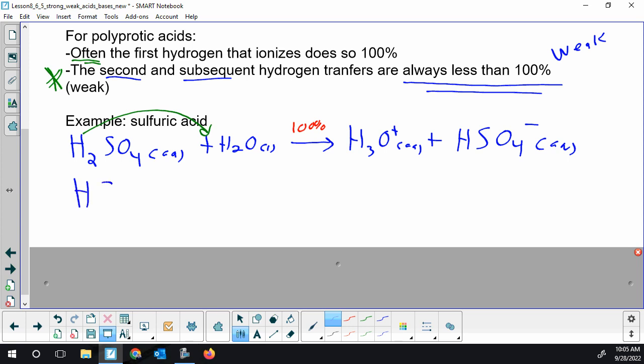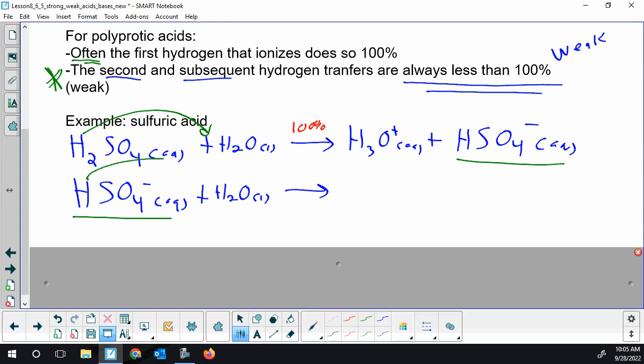So HSO4 minus, which is a product of our first ionization. So the first ionization has to occur, and then this can react with some more water. We transfer away the second H to water.